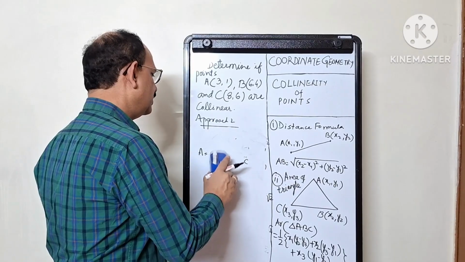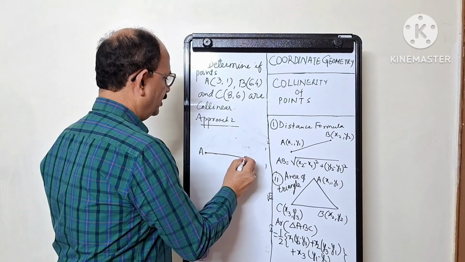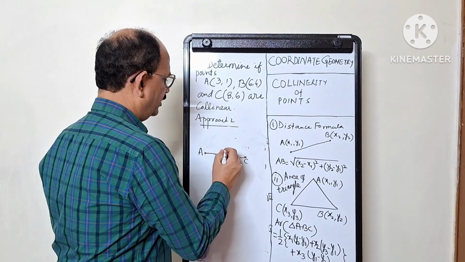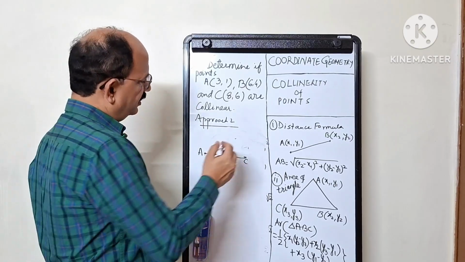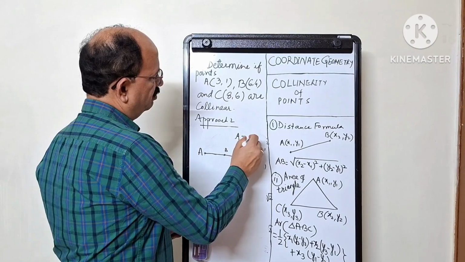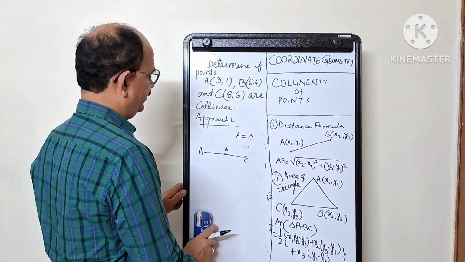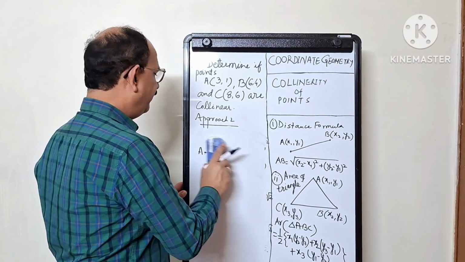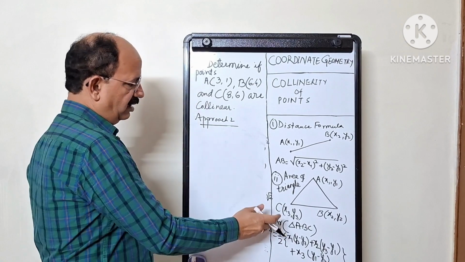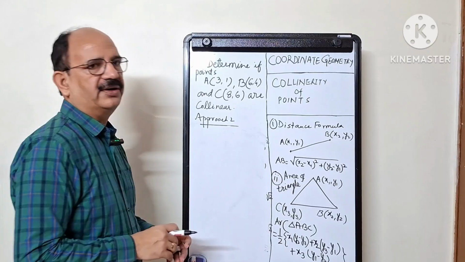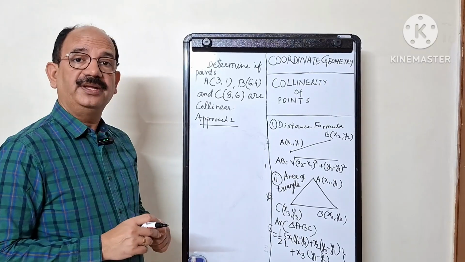If we bring B completely on this line, what happens to the area of the triangle? That area becomes 0. Okay? So we will use this concept. If we find that the area of the triangle using the triangle area formula in coordinate geometry is 0, it means all 3 points are collinear.